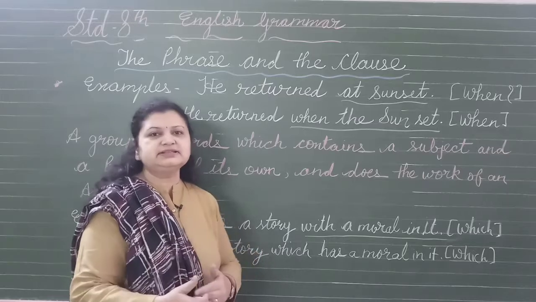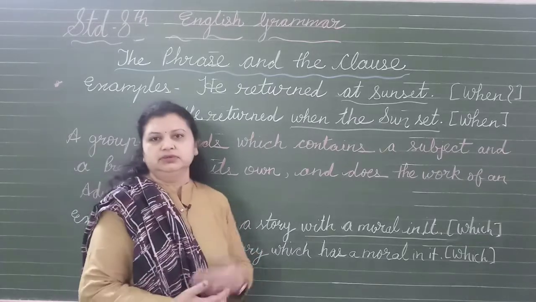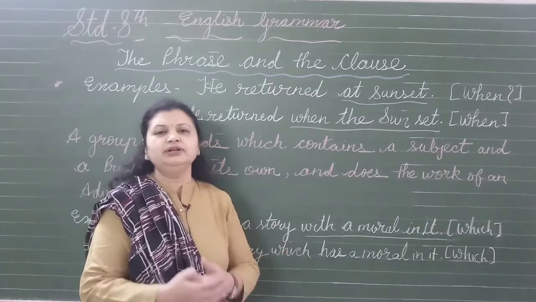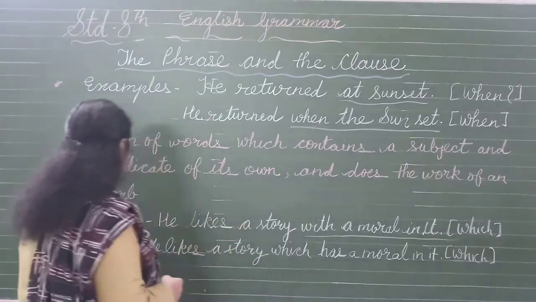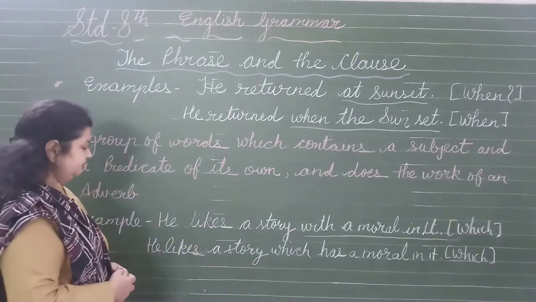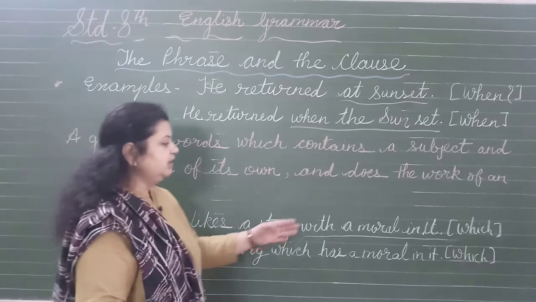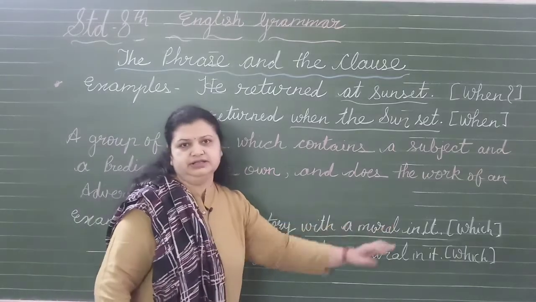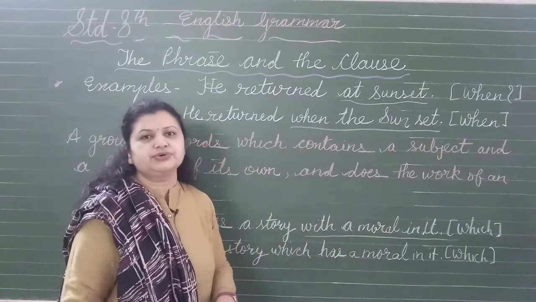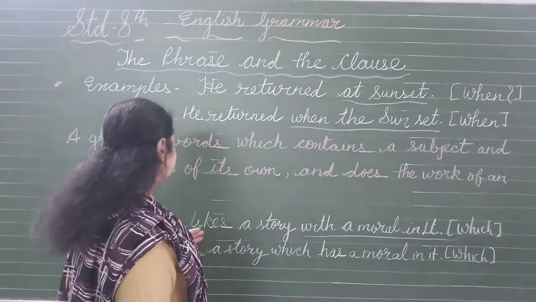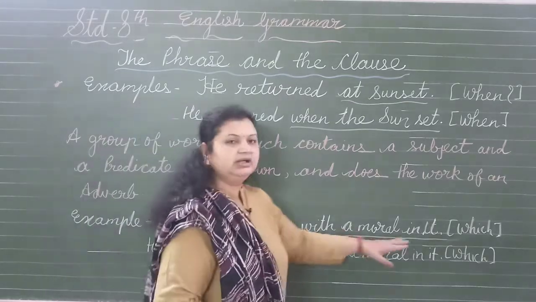Now the next is adjective phrase and clause. How will you identify it? Now see, again I wrote the example here: he likes a story with a moral in it. Which type of story does he like? He likes a story with a moral in it.